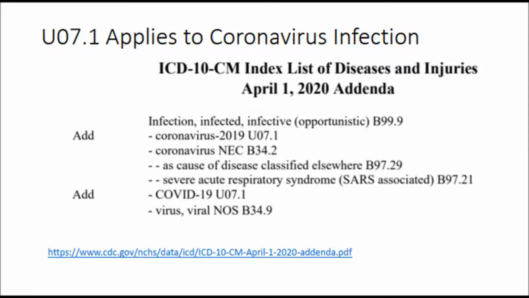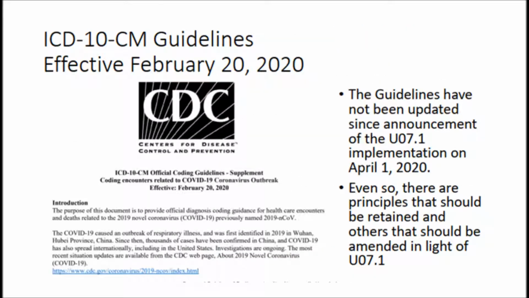As cause of disease classified elsewhere, B97.29. Severe acute respiratory syndrome, SARS-associated, B97.21. Add, COVID-19, U07.1. Virus, viral, NOS, B34.9.